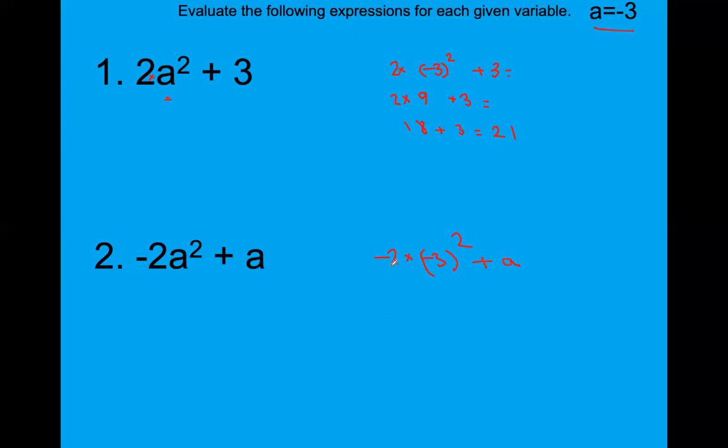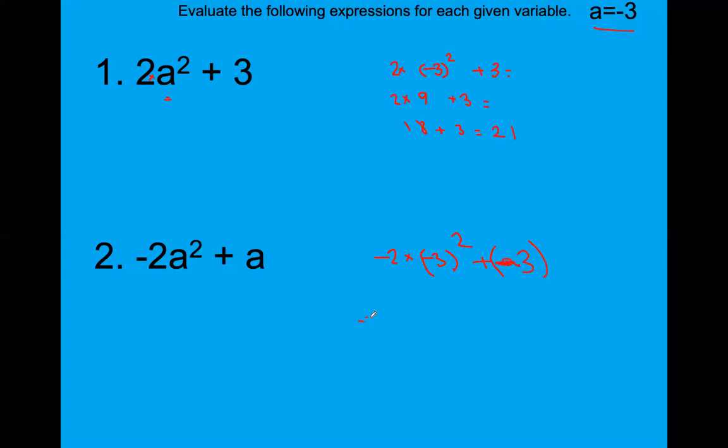But remember, the minus 2 here will make the answer different to the first one, although they might look quite similar. And it's plus a, so instead of a, we must put minus 3. So plus minus 3. Let me put this one again in brackets, plus minus 3. And then we can get it out of the bracket in a minute, all right?